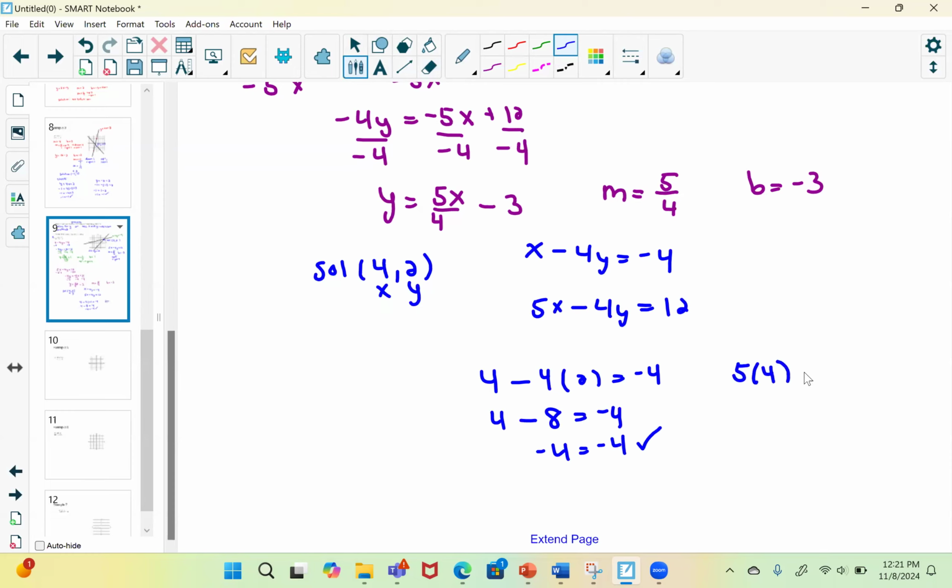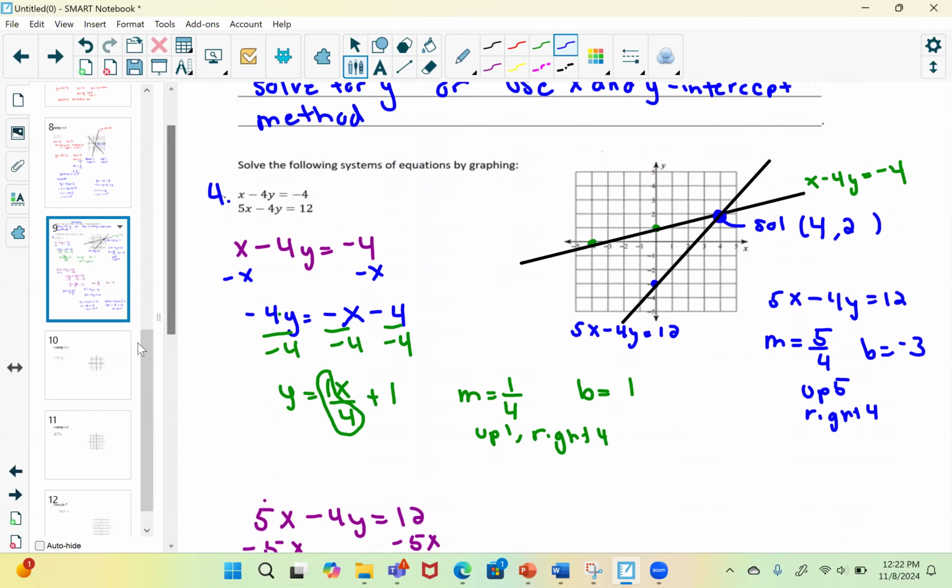So 5 times 4 minus 4 times 2, does that equal 12? 5 times 4 is 20. 4 times 2 is 8. 20 minus 8 is 12. And so that works. So that is how we do the system of equations if it's not in slope-intercept form. We can solve them both for slope-intercept form, then graph them, and then find the solution.